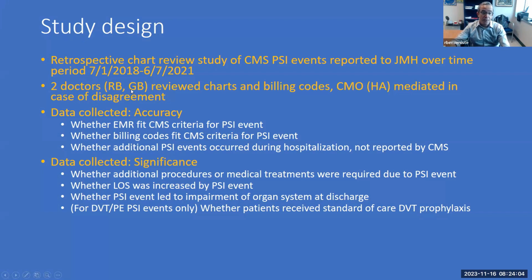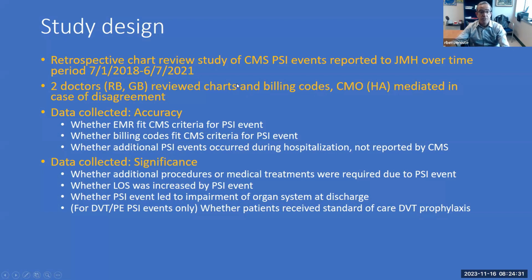Two doctors, myself and Dr. Basil. Greg, thank you so much for your work on this very, very tedious project. What we actually did was we went back and reviewed both the charts and the lists of billing codes for each of the patients for whom these events were reported by CMS. We independently reviewed them, and we tried to figure out, were they accurate?